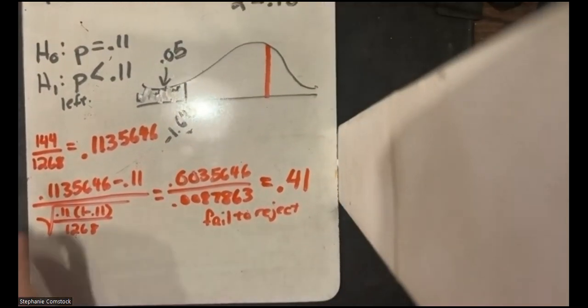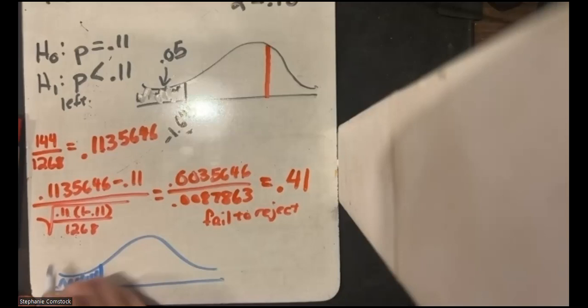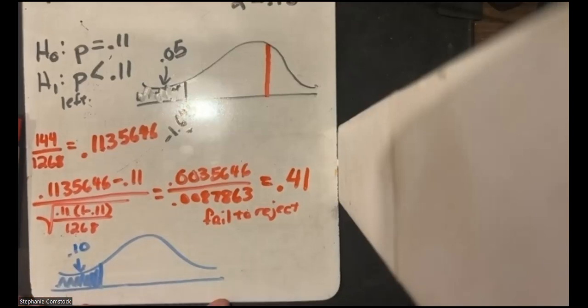Now, they also want us to check on the 0.10 option. So we're going to look at that one. We'll draw that picture. So now I'm going to put my alpha down here. This has got to be 0.10 down here in this bottom end.